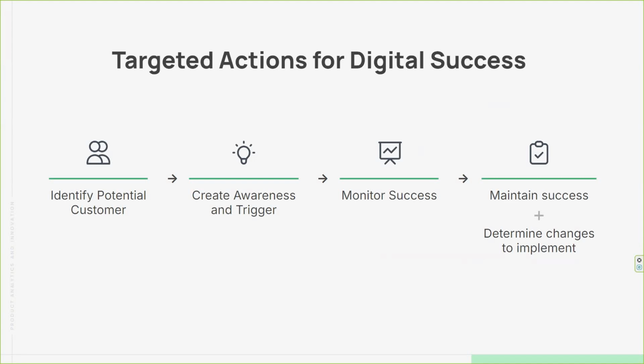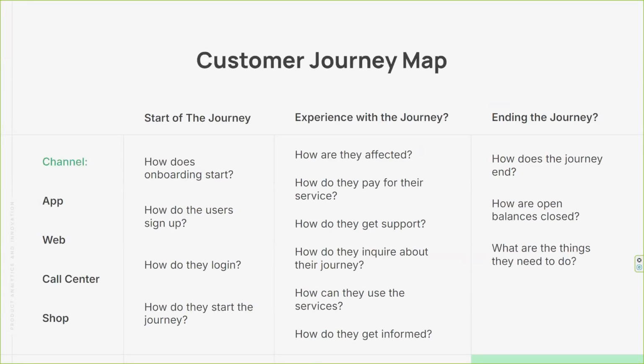We should monitor the success, how well we did versus what can be improved, and basically maintain what we are doing right and improve what we are not doing completely right, let's say. And the critical part of these targeted actions is to look at a customer journey map, basically.